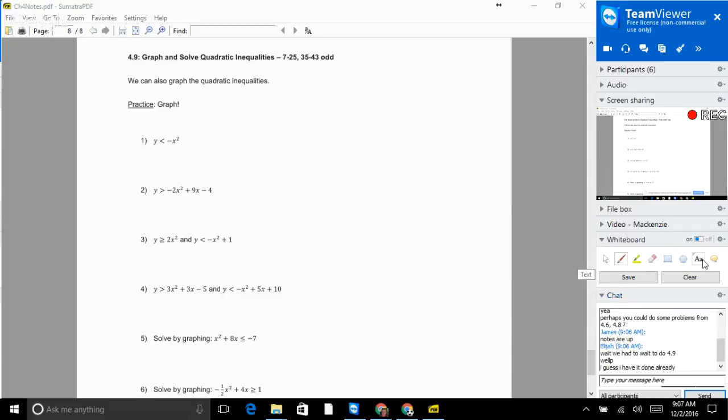You've done it already? All right, so just to clarify, this should say 7 through 25 odd and 35 through 43 odd. So that's just to clarify that.